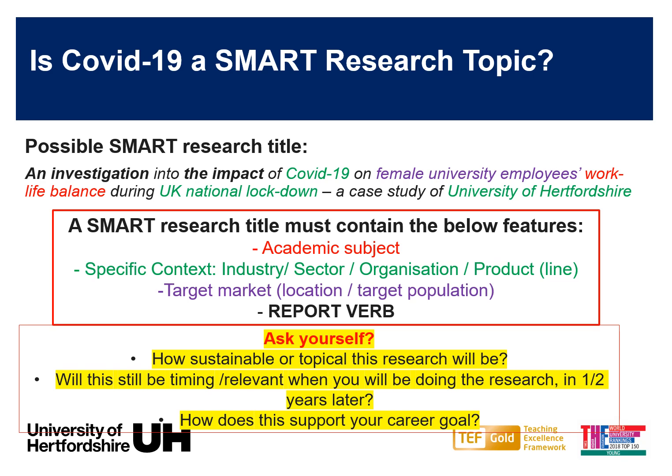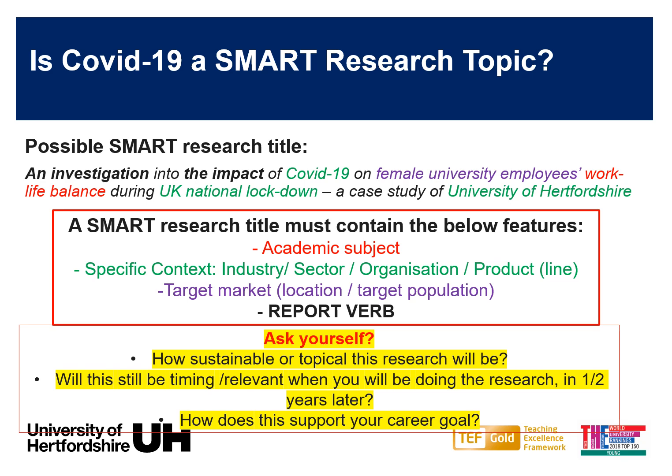If we refer back to what we mentioned in our last presentation, a smart research title or research topic must contain the below features. First, the academic subject. In this topic, the academic subject is work-life balance within the HR domain. And there's a specific context, looking into COVID-19 and national lockdown within the UK.